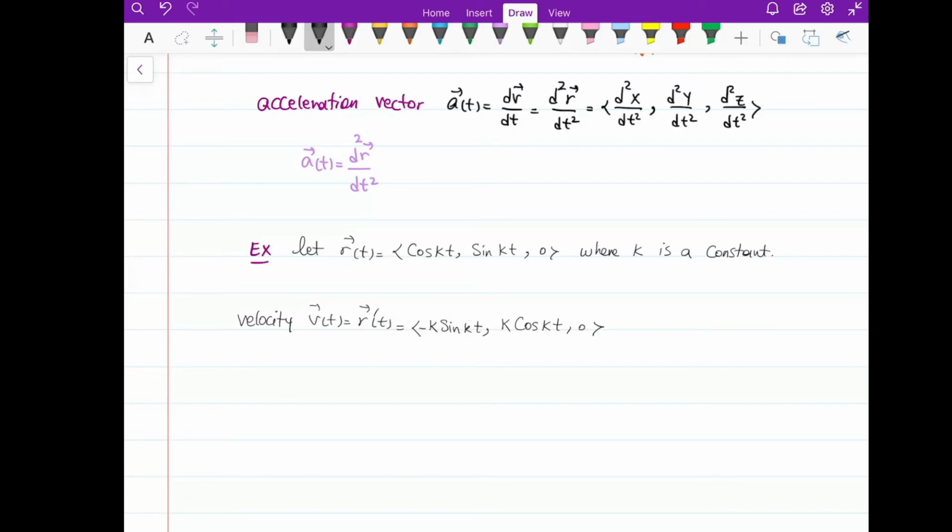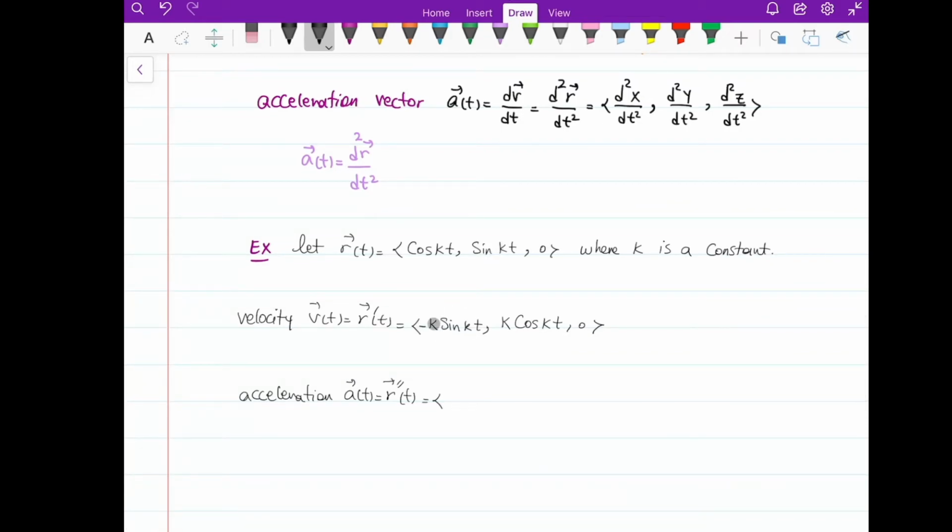How about acceleration? We show it by a of t, which is r double prime of t. Now k is just a constant. I'm going to write negative k, and the derivative of sine of kt using the chain rule is k cosine of kt, and the derivative of k cosine of kt would be negative k squared sine of kt, and then 0.